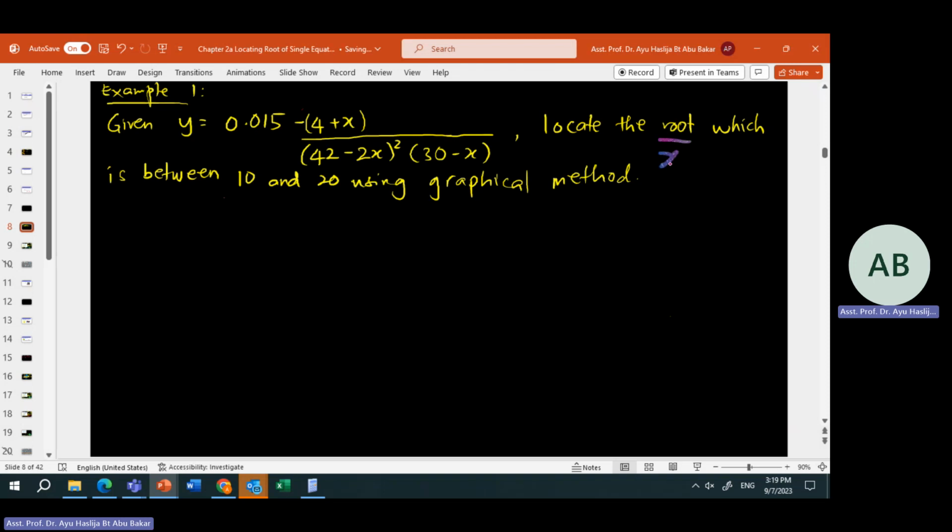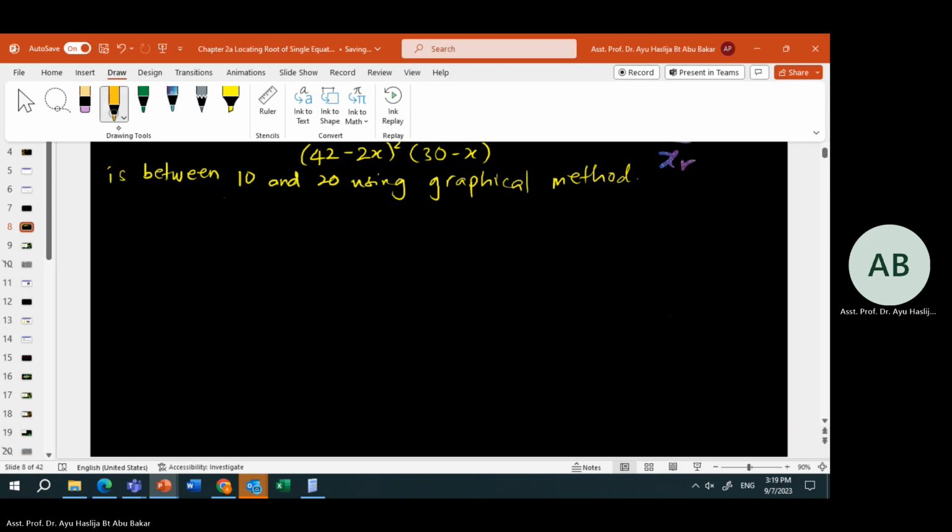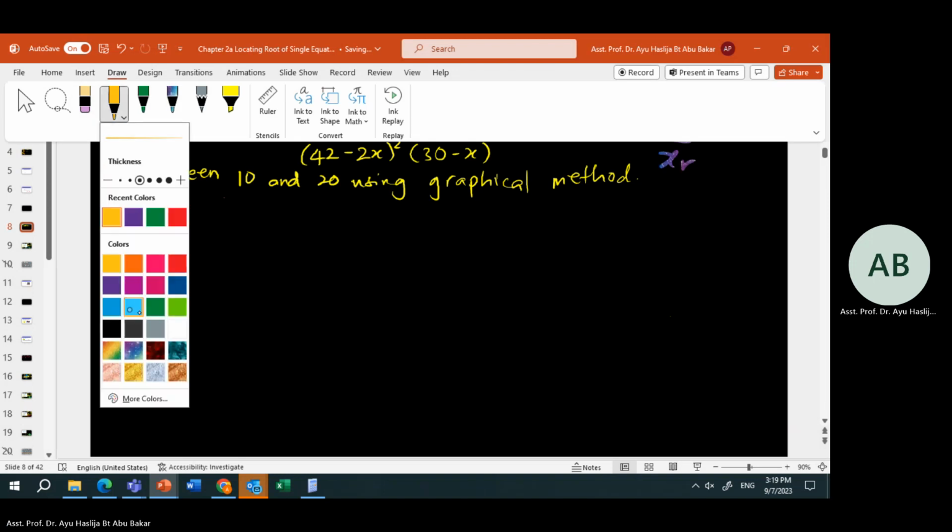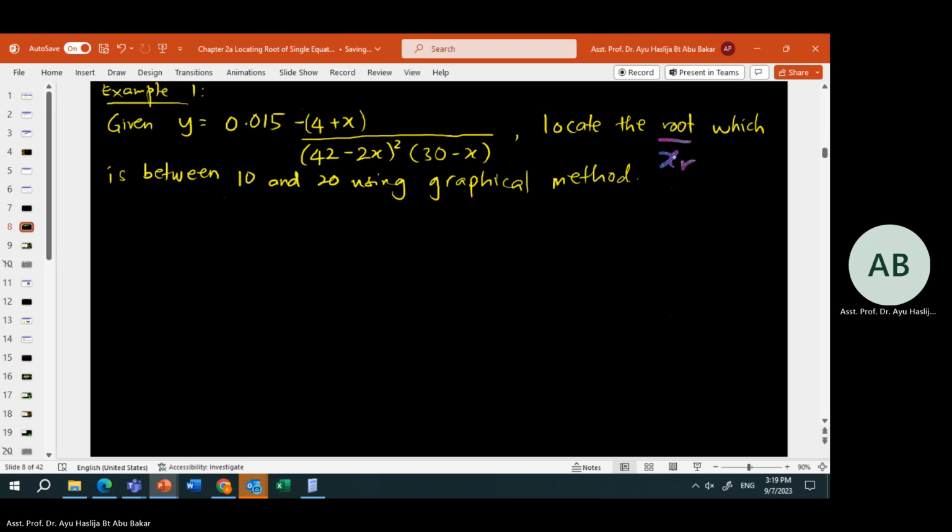Root here is the XR. Now 10 here is XL, your lower limit. 20 is your upper limit, XU.